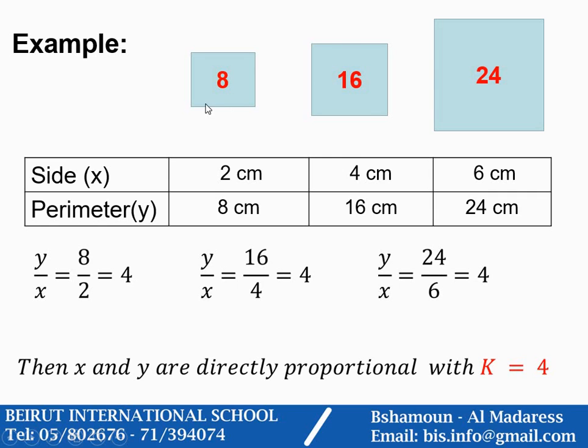So if the side increases, the perimeter will increase, and this is what we call directly proportional. And you can take another example: whenever the first decreases, the second will decrease. So in directly proportional, the two quantities change in the same way. They increase together or they decrease together.